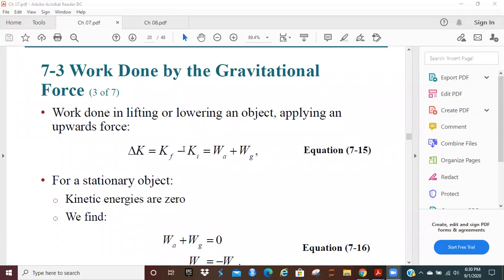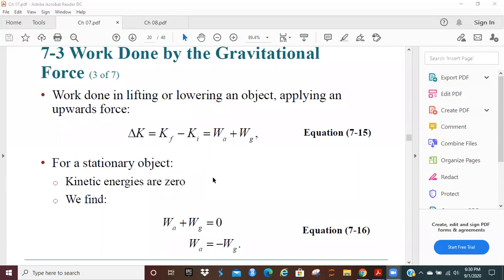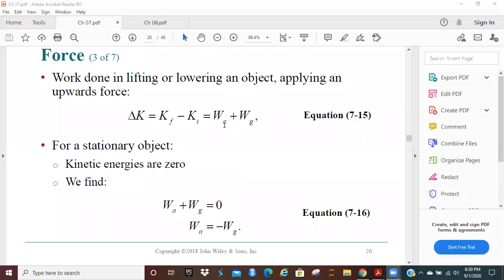So work done in lifting or lowering an object, applying an upwards force. The change in the kinetic energy is going to be the final kinetic energy minus the initial kinetic energy. It is going to be the work done by the applied force on the object plus the work done by gravity. For stationary objects, the kinetic energy is going to be 0, which means the work done by one is going to be the same as minus the work done by the other.